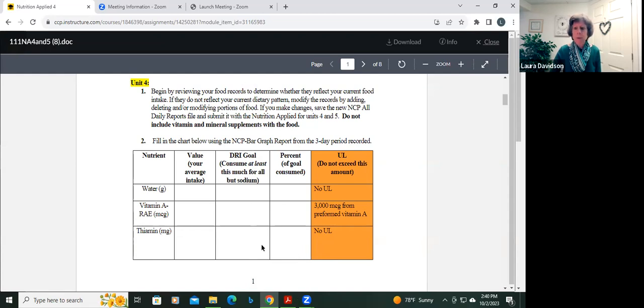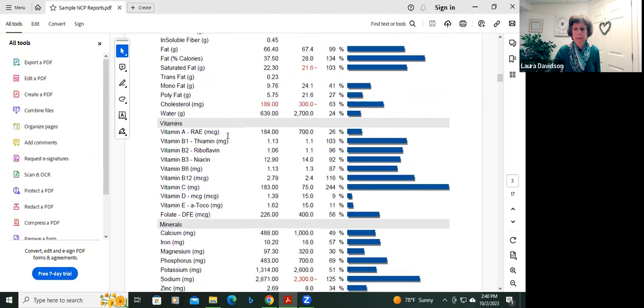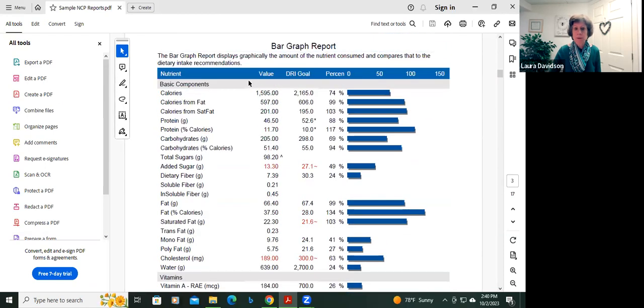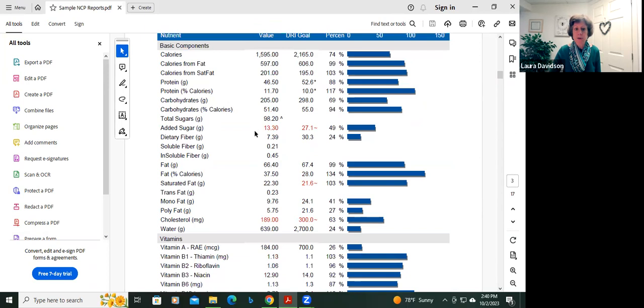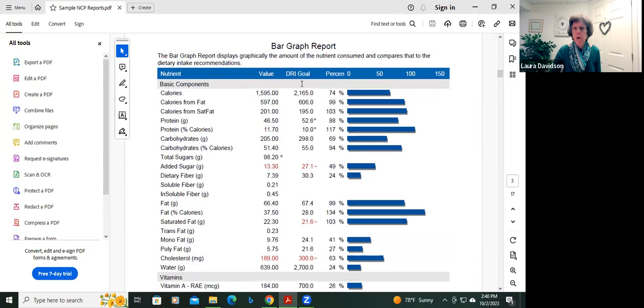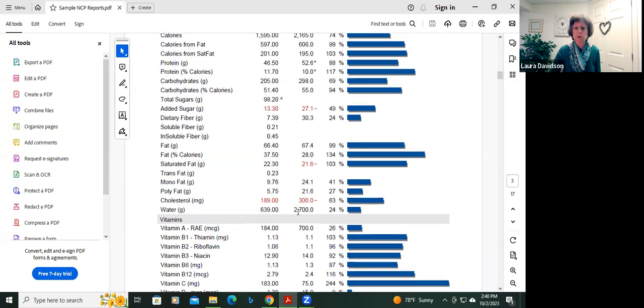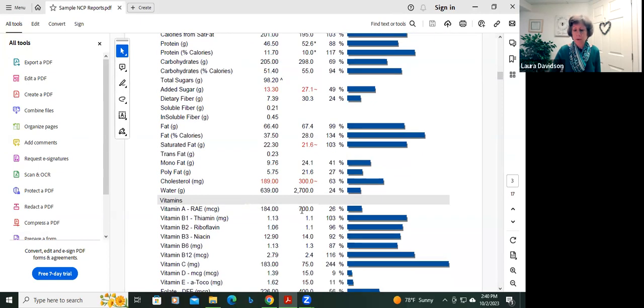Okay, so what you're looking at here is what you need to copy and paste. So the value, okay, starting with water, it might be a little difficult to copy and paste. You can just type in the numbers, your goal, okay, and the percent. And you do that for each value, goal, percent, all right?